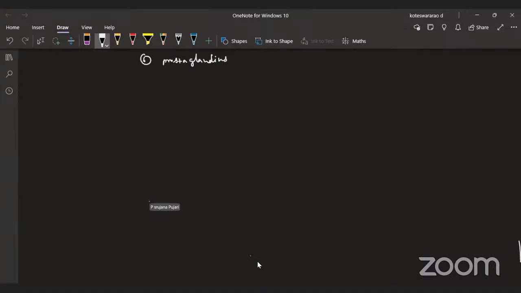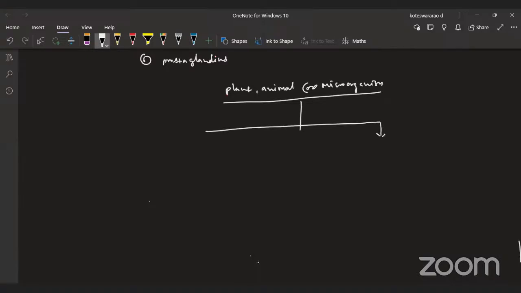Coming to natural products, they are first isolated from nature, that is plant, animal, or microorganisms. These are again classified into two types, because the products are obtained in two forms.